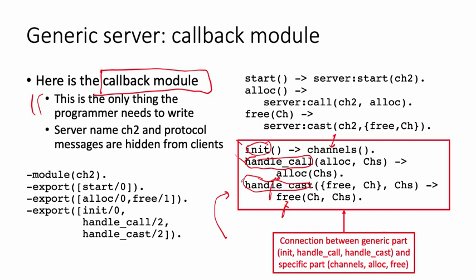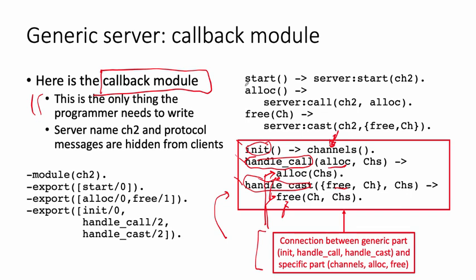So init, handle call, handle cast, I have to define them. So init is calling channels, handle call of alloc is calling alloc, handle cast of free is calling free. Okay? So this is the connection between the generic part and the specific part.